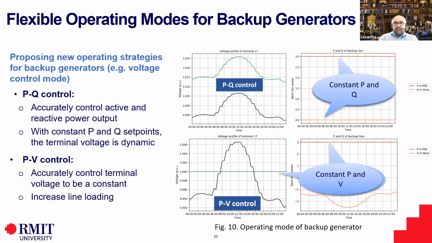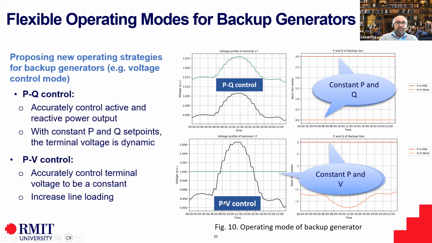In the top graphs, you can see when PQ control is applied, the active power, or useful power, from a backup generator is kept constant, and the reactive power is also constant. You can see that under certain situations the voltage can go up, which is shown in the green plot. But it keeps both P and Q constant.